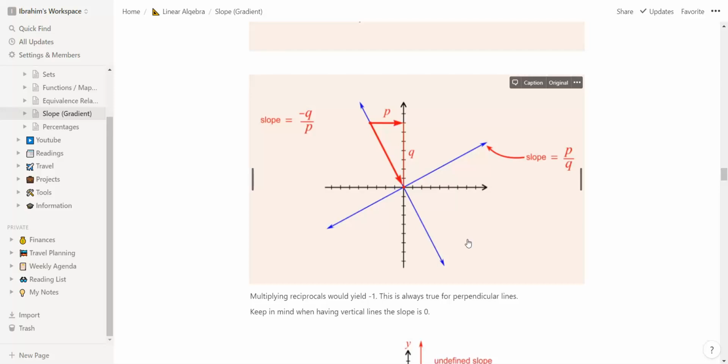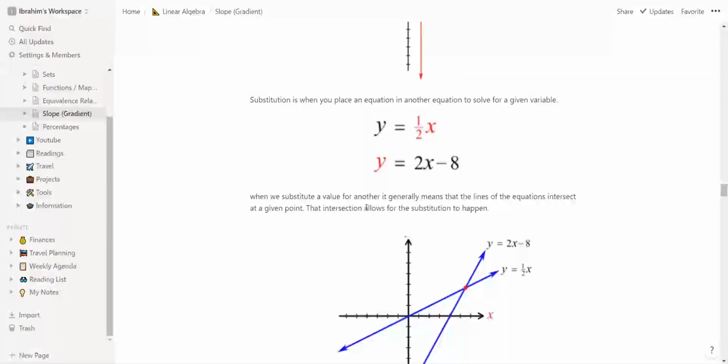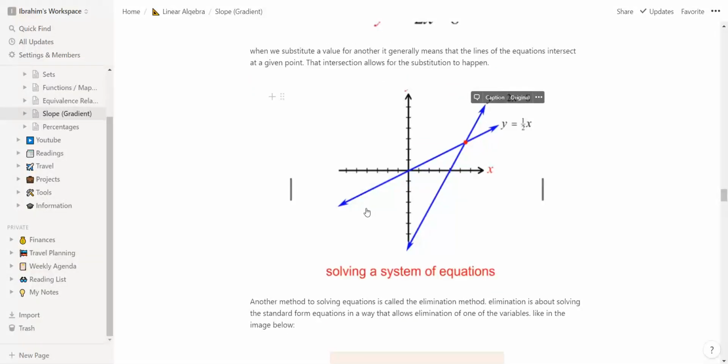You have p over x, and then you have minus q over, because that simply changes the sign. So these are just solutions to common problems.